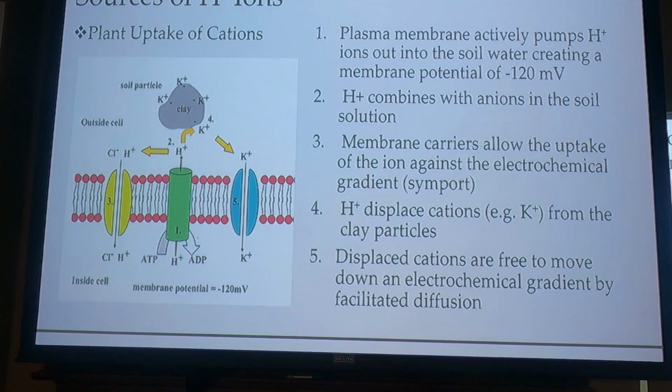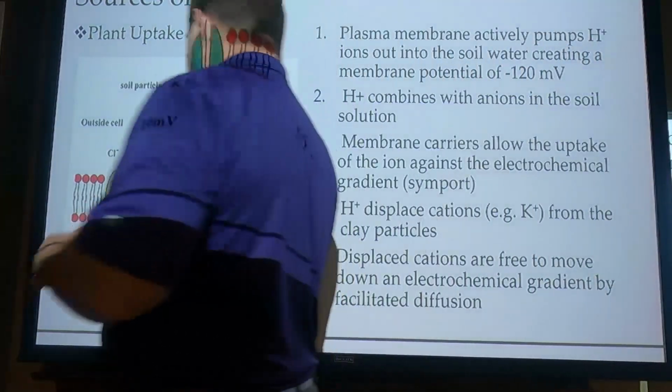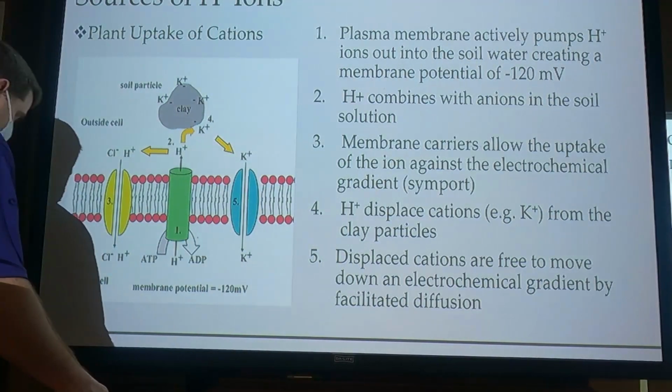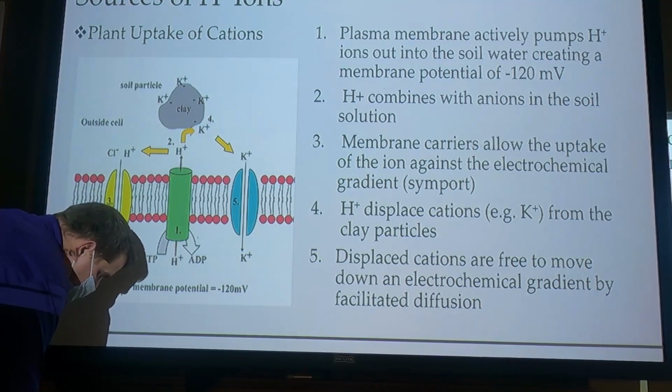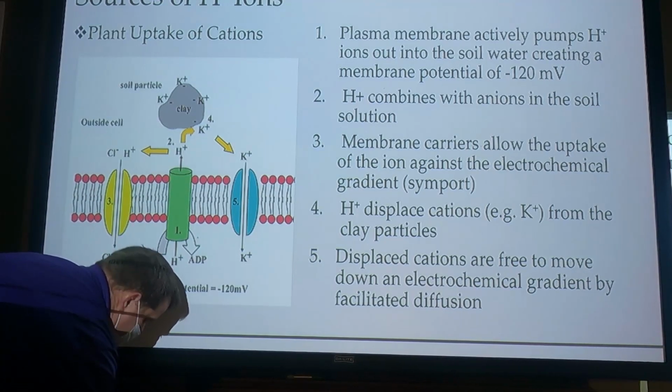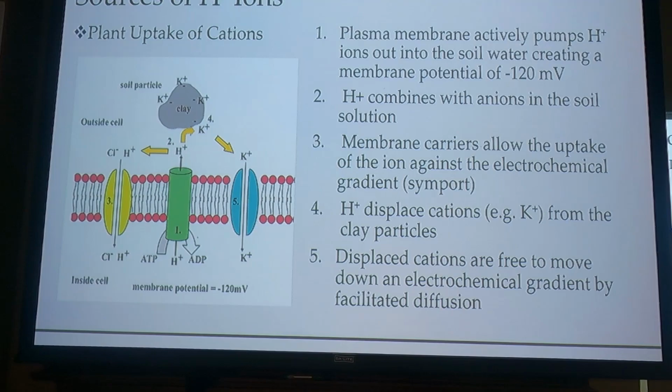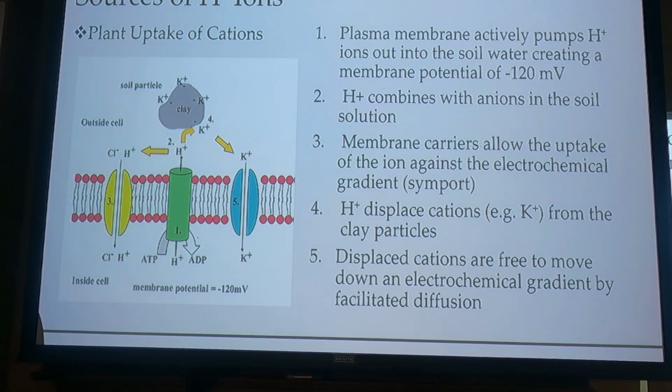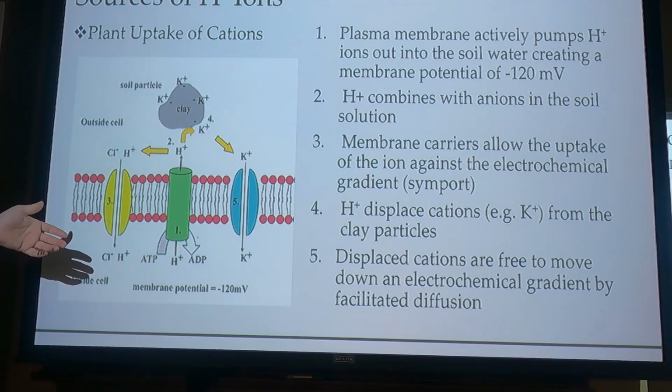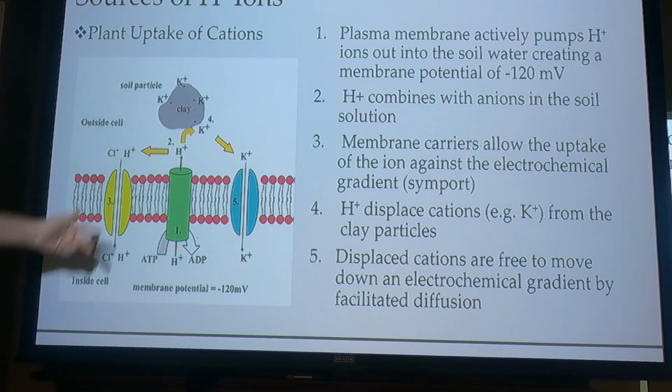And so not so much that you would need to write this down, but to understand that plants are going to give off some hydrogens in order to take up some cations, like potassium, for instance. There are 2 ways that plants take up nutrients, and during that process they have to release a hydrogen.